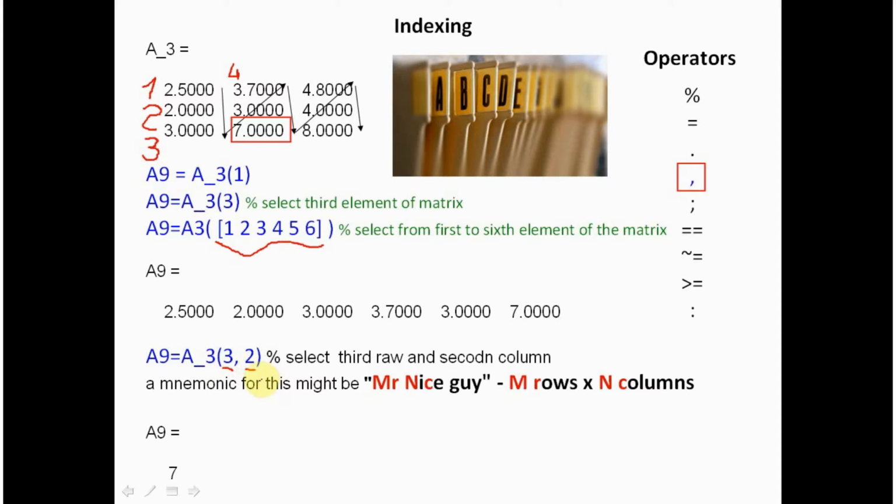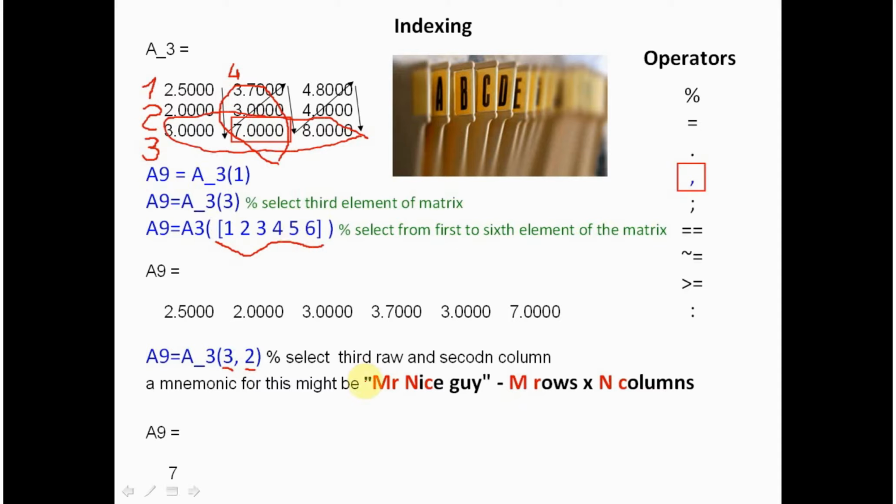And in the intersection of a row and a column, we will get our value. So if it is third row, 1, 2, 3, this is our third row. And second column, this is our second column. So the intersection is this one, this 7.